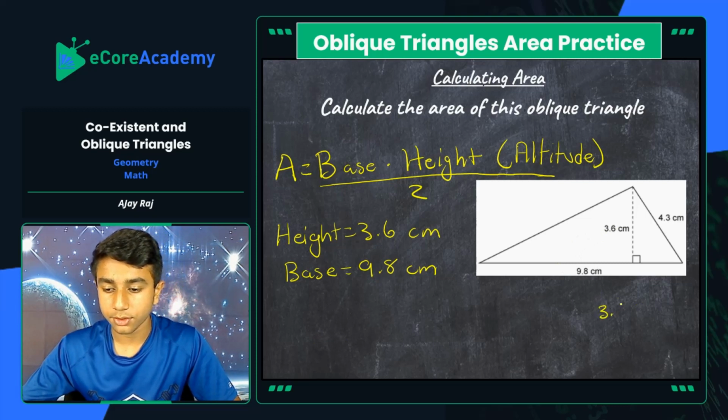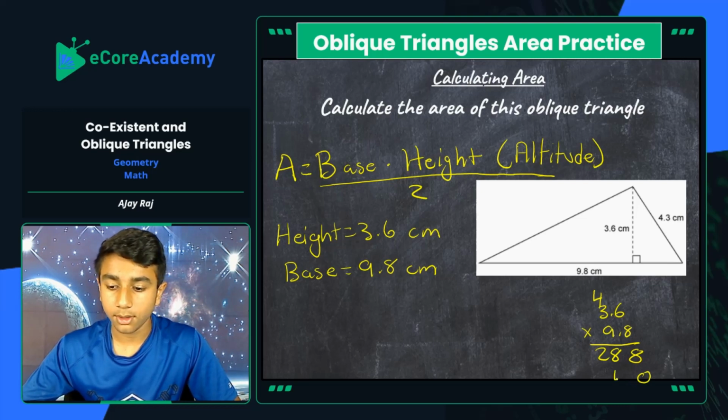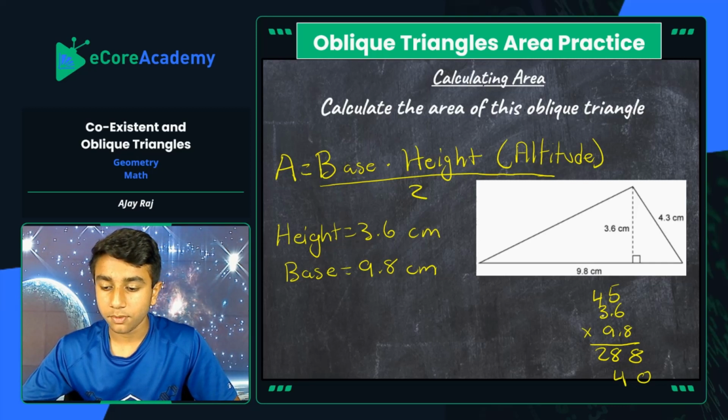We'll do it over here in this corner right here. 3.6 times 9.8, and just go ahead and calculate that, any way that you want. If you're not used to this process, the formal process, you can do it in your own form. Oops, sorry about that.